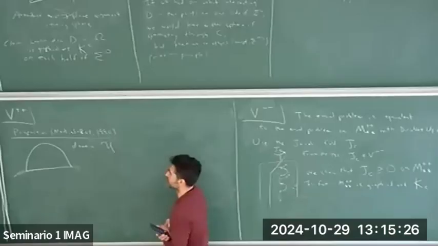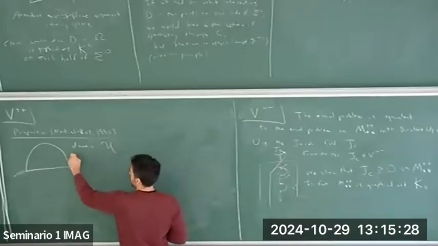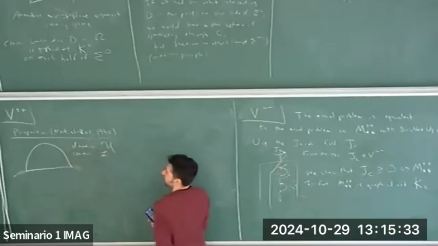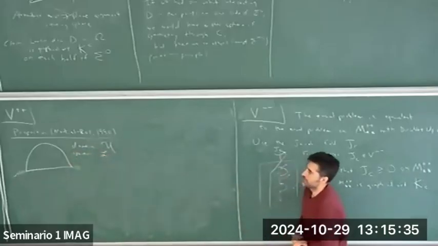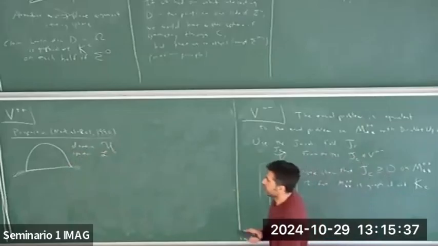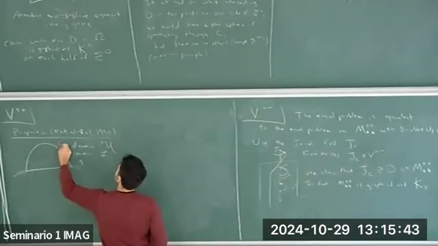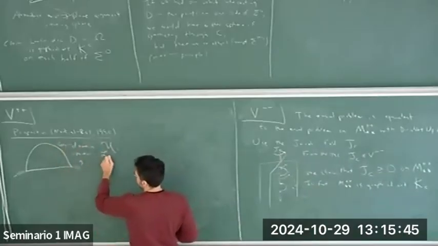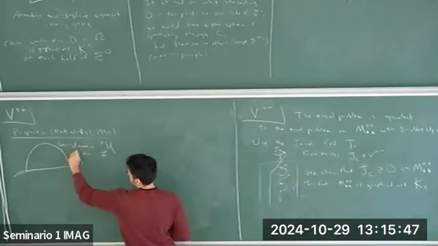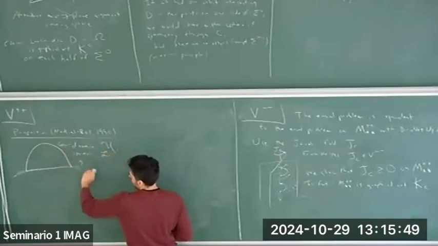So the idea is we have some domain U, and we have some operator, which for us is going to be the Jacobi operator. There could be some Schrodinger operator. So U is some domain in some manifold, and we have some boundary data. So we're given the domain, we're given the operator, and we're given also boundary data.